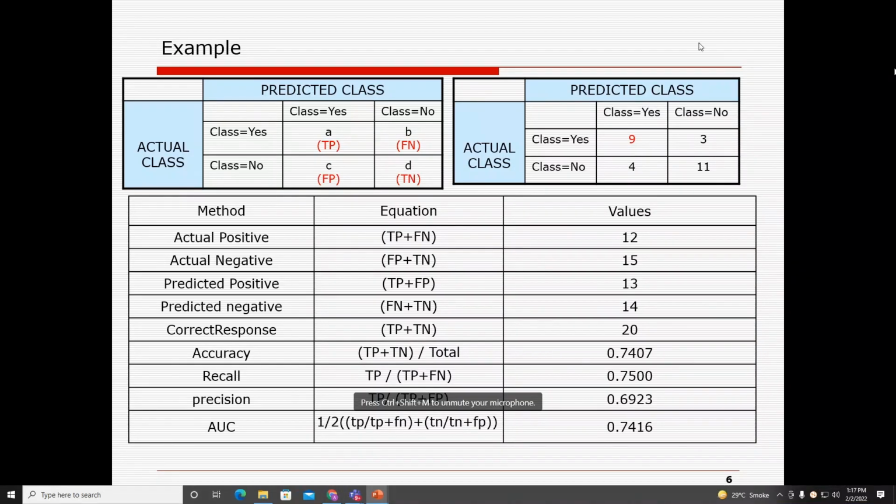So this cross diagonal is my overall correctly classified. How many samples have been misclassified? 7. So how to calculate accuracy?